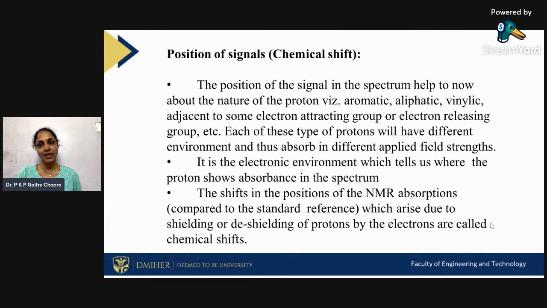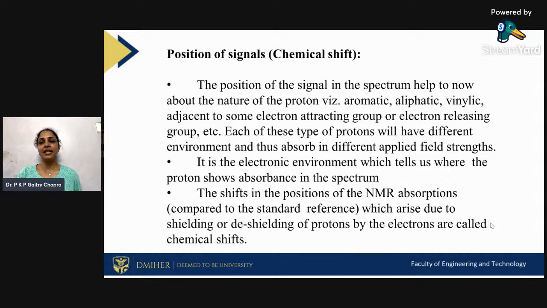If we are talking about H1 NMR, that means we are talking about the hydrogen nucleus. It helps us to know the nature of the proton, whether it is aromatic, whether it is aliphatic, whether it is surrounded by electronegative atoms, or whether it is surrounded by a group which is electron releasing. So this is all concluded by the position of the signal in the NMR spectrum.